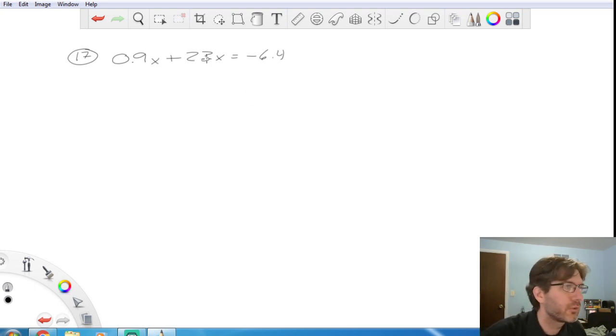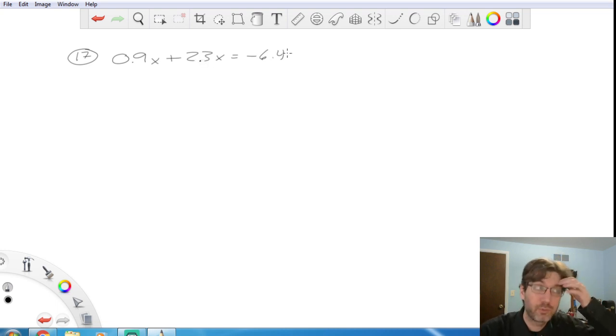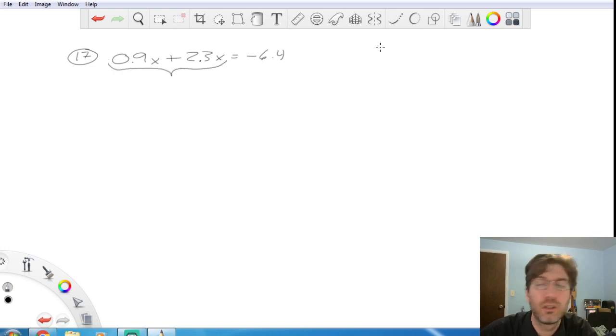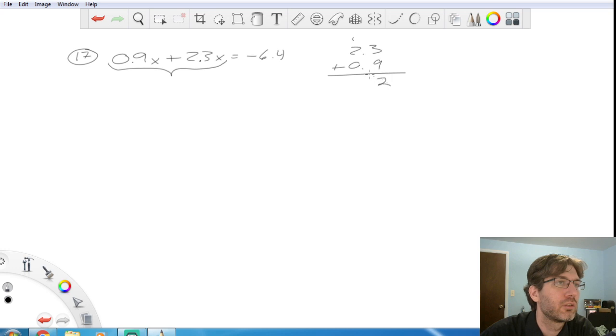Not too difficult, but remember from yesterday, you can combine like terms, so we can actually add these together before we solve. So we want to get our x's together first. So 2.3 plus 0.9 gives you 3.2.